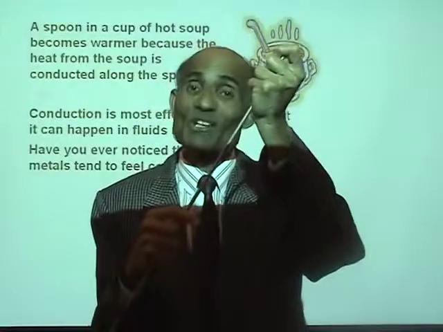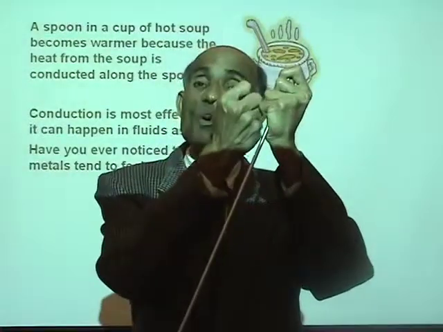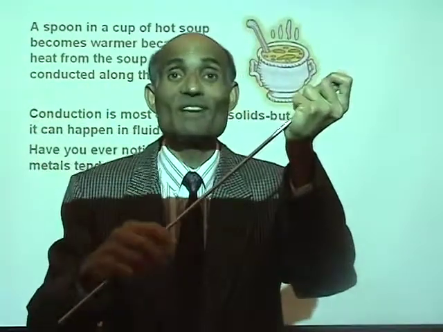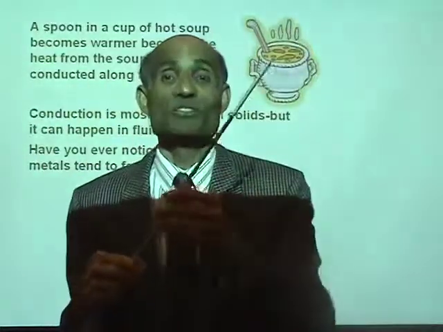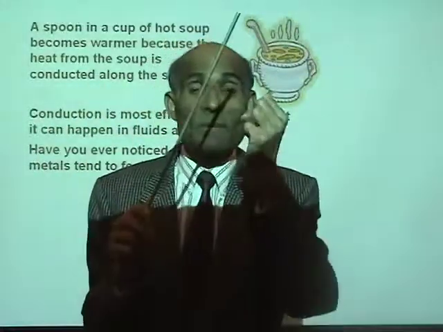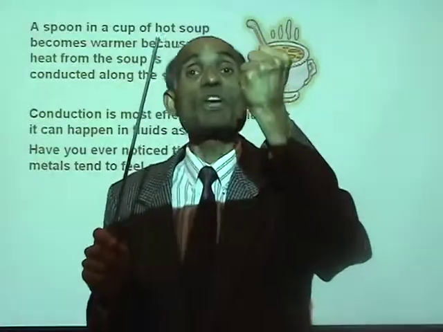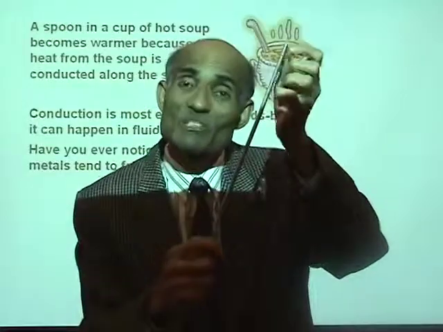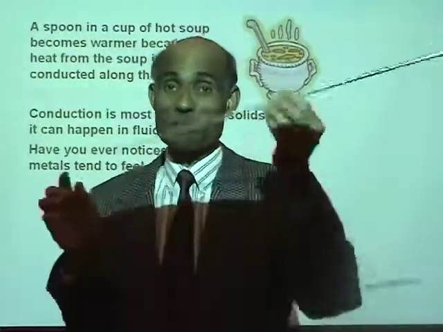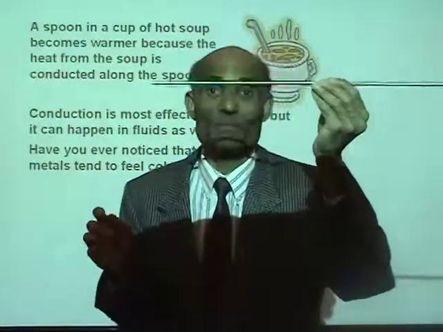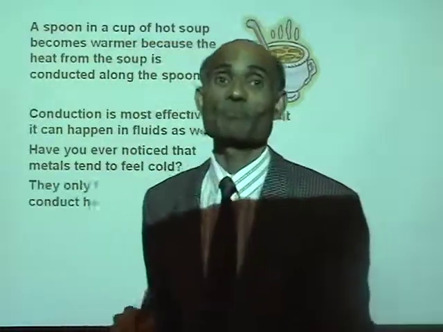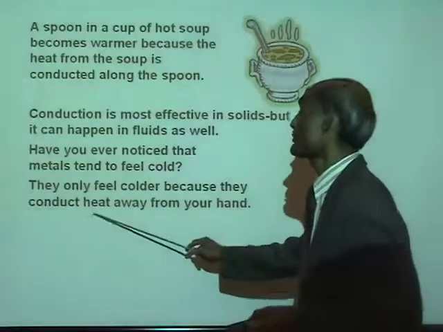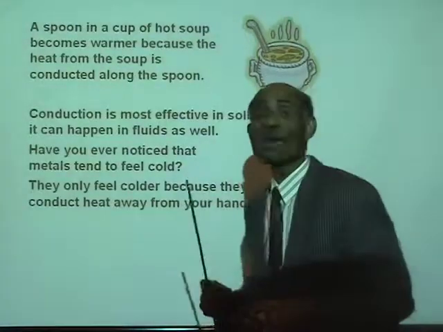Aluminum is a good conductor. It means it can remove heat from my hand much more efficiently than wood does. So that makes my hand feel cold, because the heat from my hand gets removed faster, not because aluminum is cold. All right. They only feel colder because they conduct heat away from your hand.